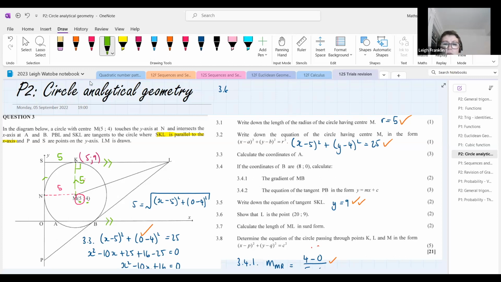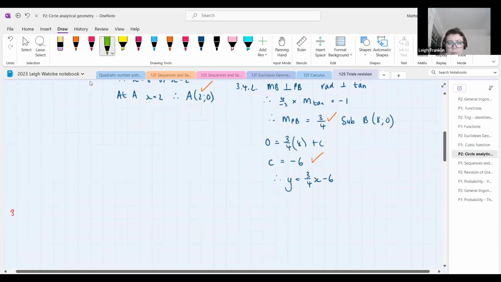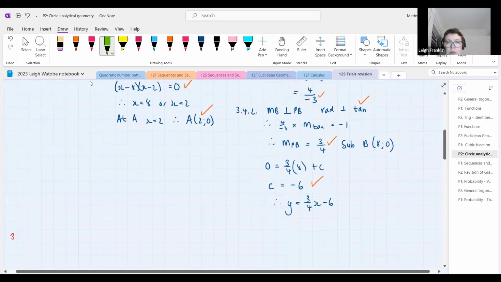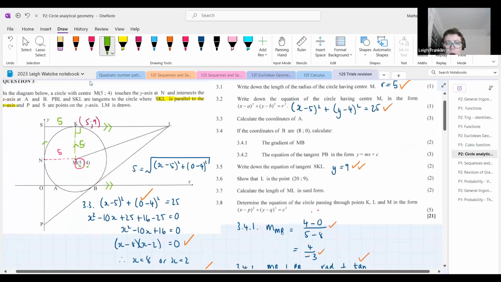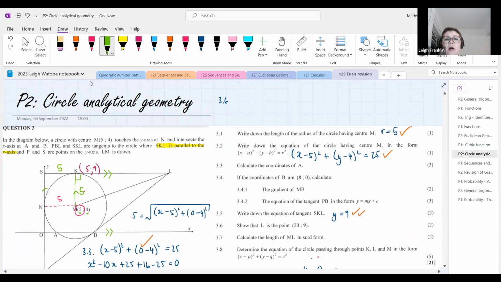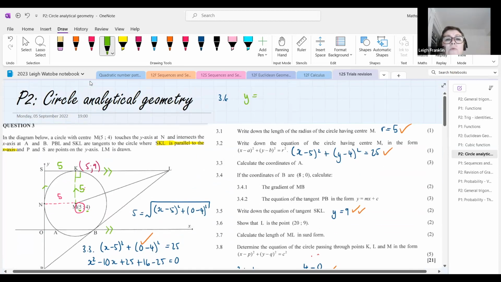Hang on a second. The equation of the tangent PB. PB goes through L. Maybe we can use that. Okay, so the equation of PB was y equals 3 over 4x minus 9. So y equals 3 over 4x minus 9.